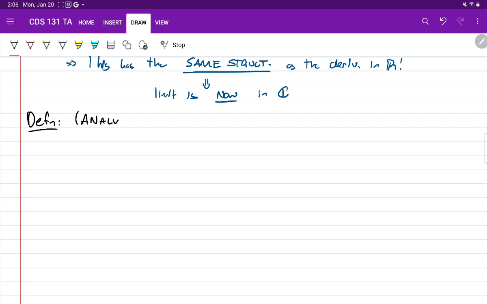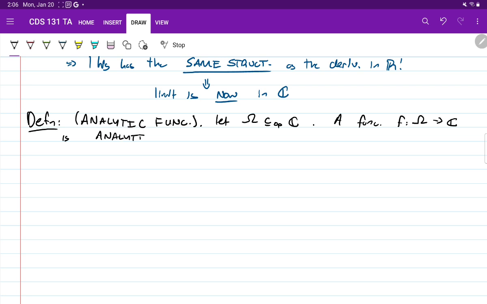So, definition: analytic function. Let omega be an open subset of C. A function f, which goes from omega into C, is analytic at s naught in C if it is differentiable in some ball around s naught.